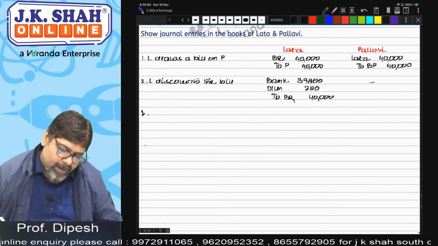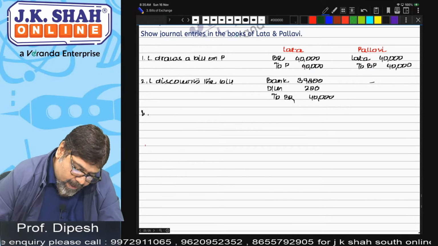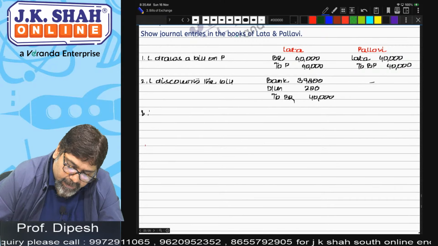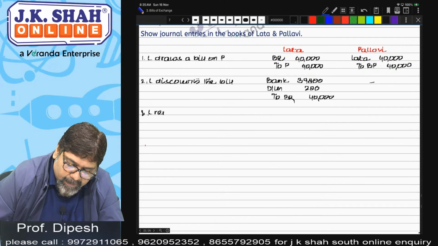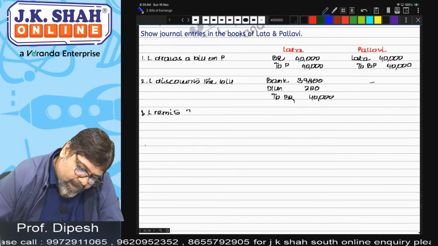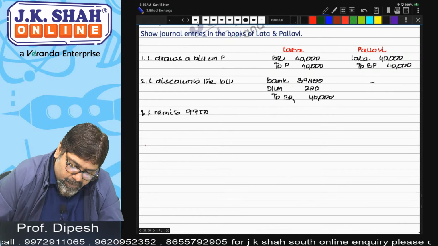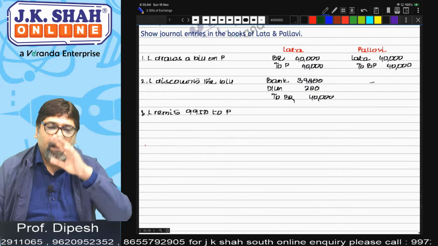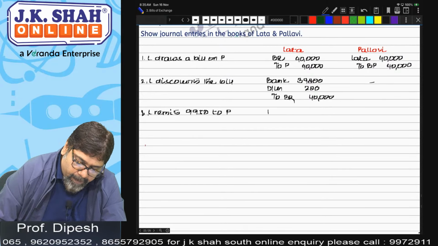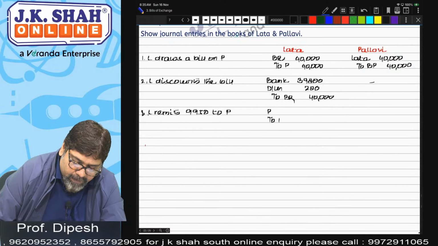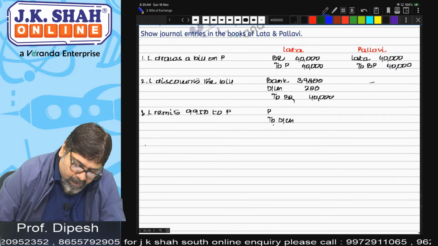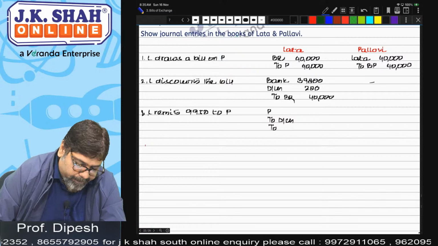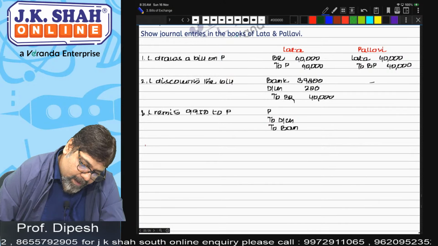Number 3. Lata remits the proceeds, 9,950 to Pallavi. Journal entry without the amount will be Pallavi account debit, discounting charges, to bank.